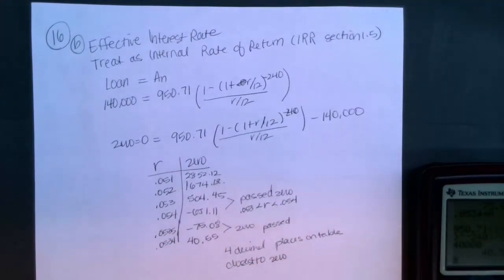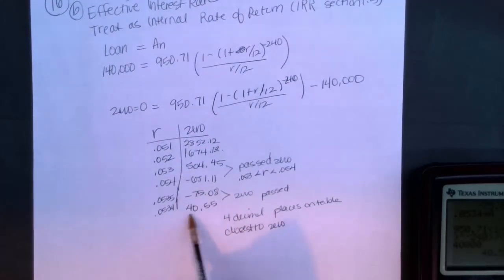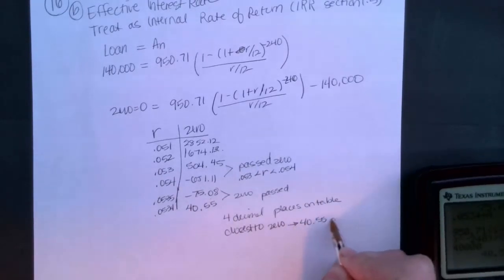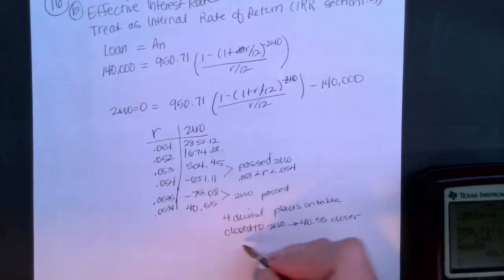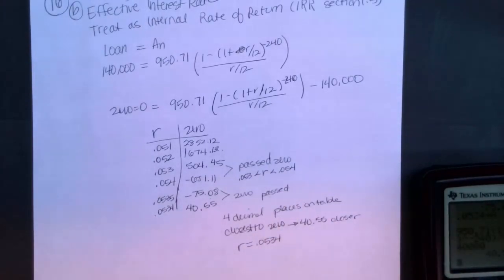Here closest to 0 would be 40 versus negative 75. 40 is closer, because you're taking the absolute value of those and comparing. So that means R is 0.0534, and whenever we find a rate, we always write it as a percent, so our final answer would be 5.34%.